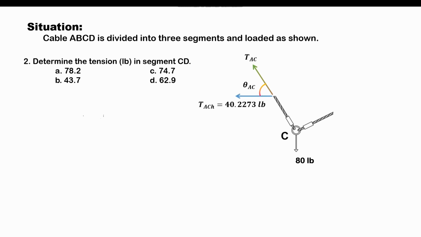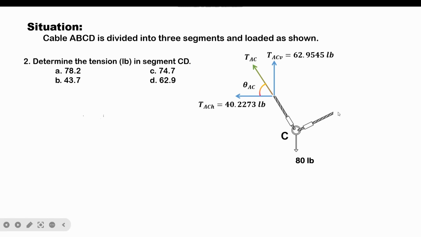So let's say this is the horizontal component of TAC, which has a value of 40.2273 pounds. This value was computed from the previous item, and this is its vertical component, which has a value of 62.9545 pounds. This value was derived from the previous equation.